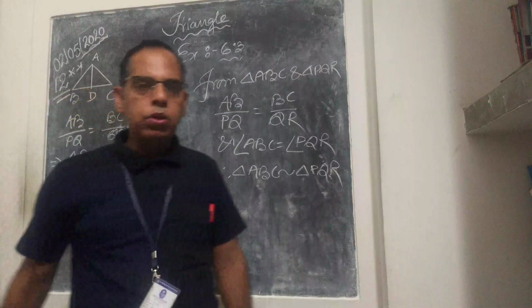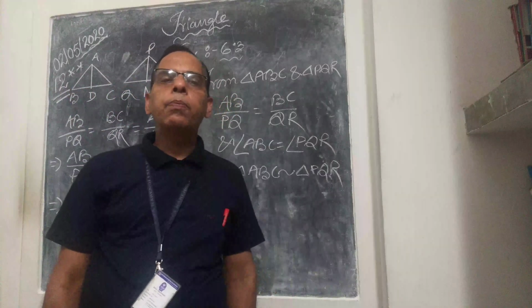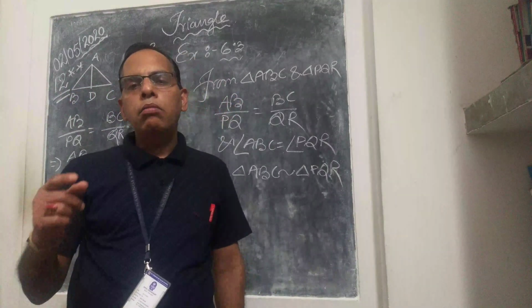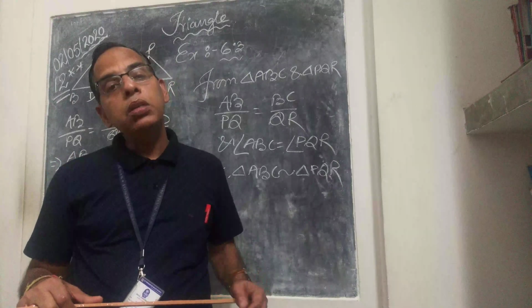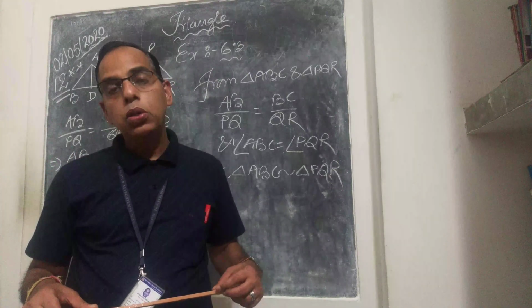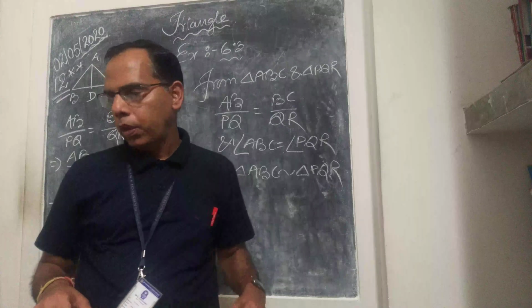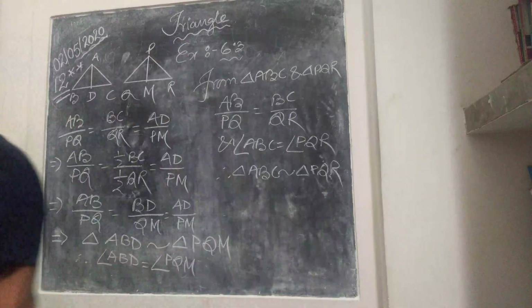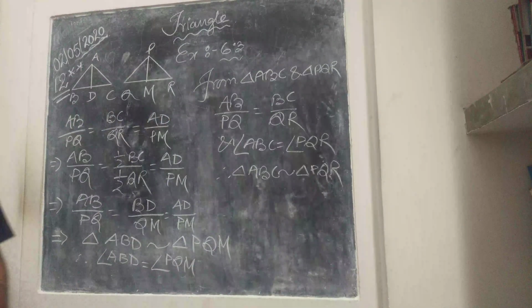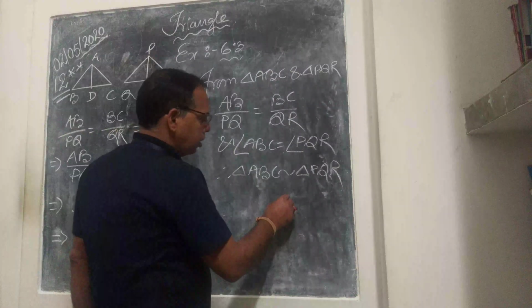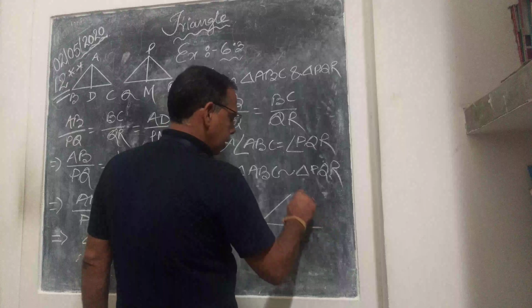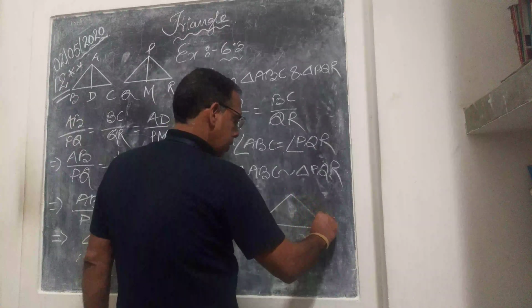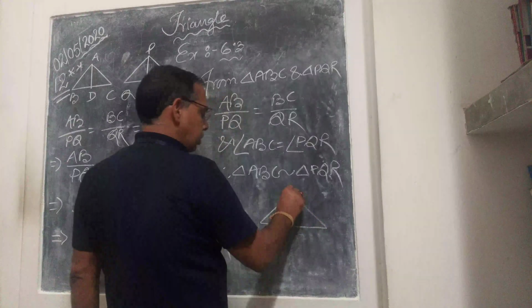And also you can write and keep that the point of concurrency of three medians of a triangle is known as centroid. You see, this is a triangle, and in a triangle how many medians can there be? Three.